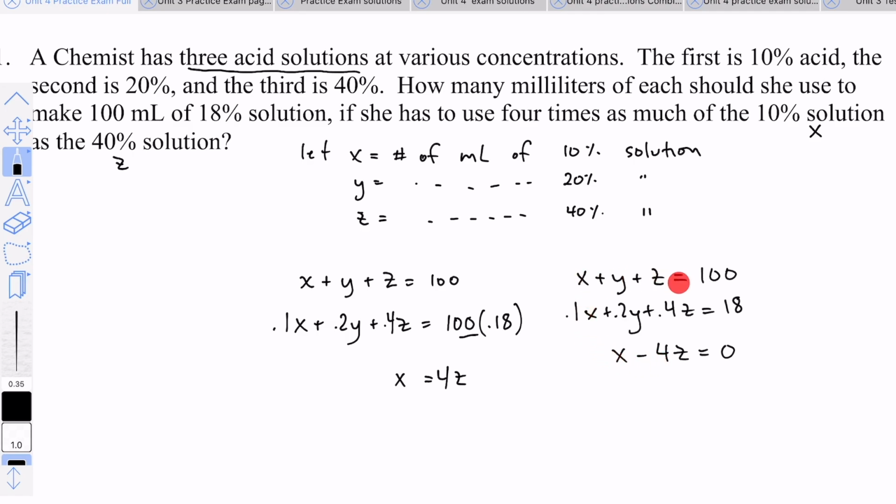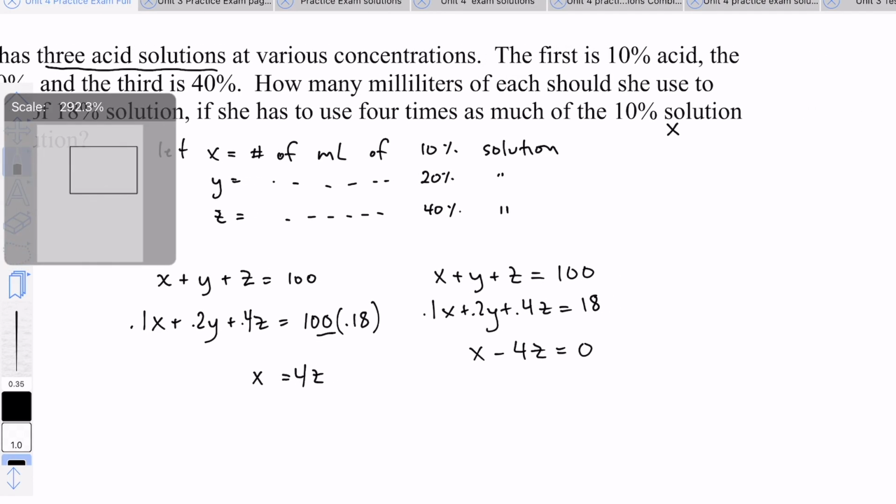Now we need to solve a system of three variables, three equations. From this third equation, we can see that y is already eliminated. There's no y variable. So what I'm going to do is use these top two equations and eliminate the y variable. What that'll do is give me an equation in terms of x and z, which I can combine with this equation, to form a smaller system of two equations, two variables.